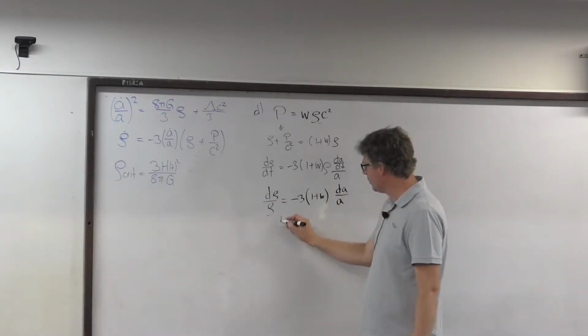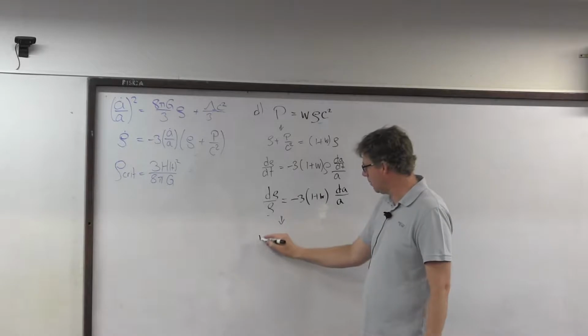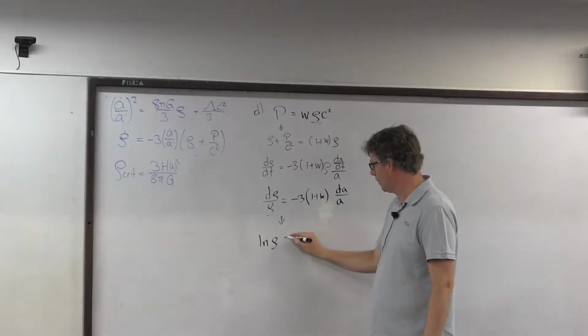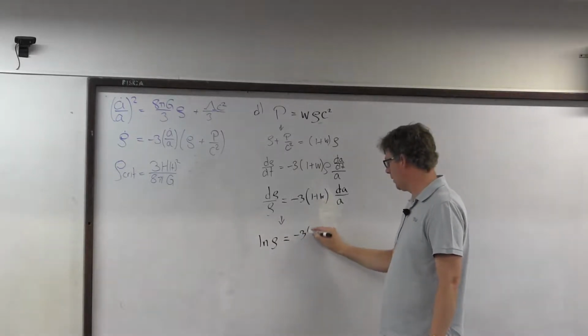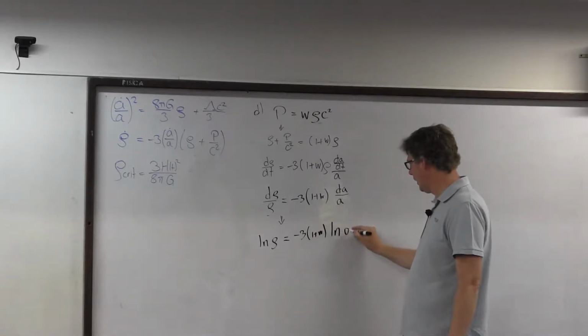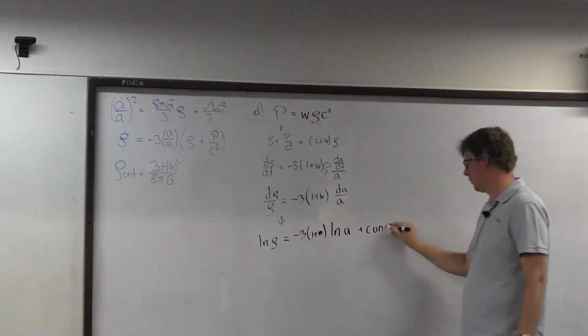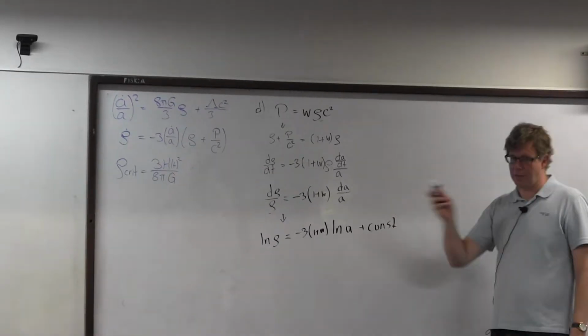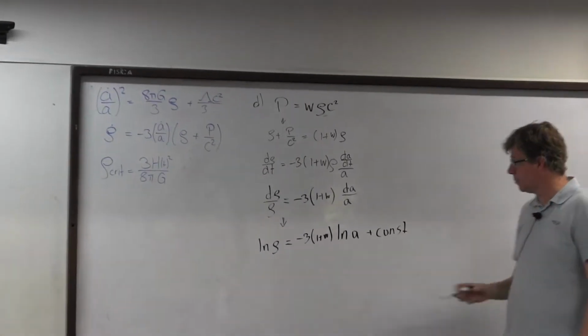And so what this gives you when you integrate it up is ln rho is minus 3, 1 plus W ln A plus a constant. Okay? So that's just integrating 1 over x.